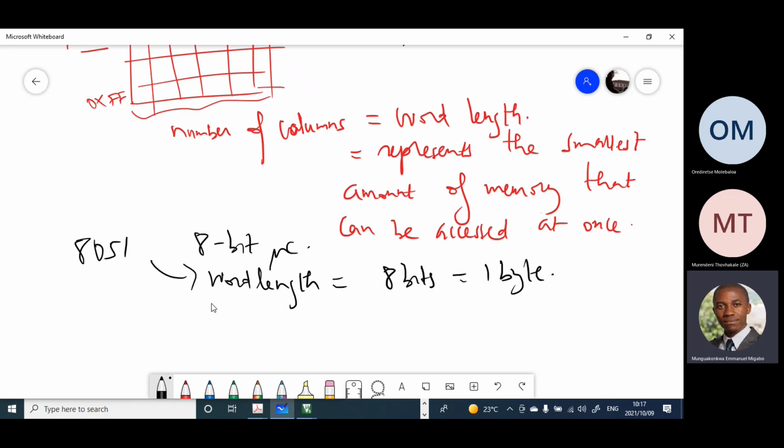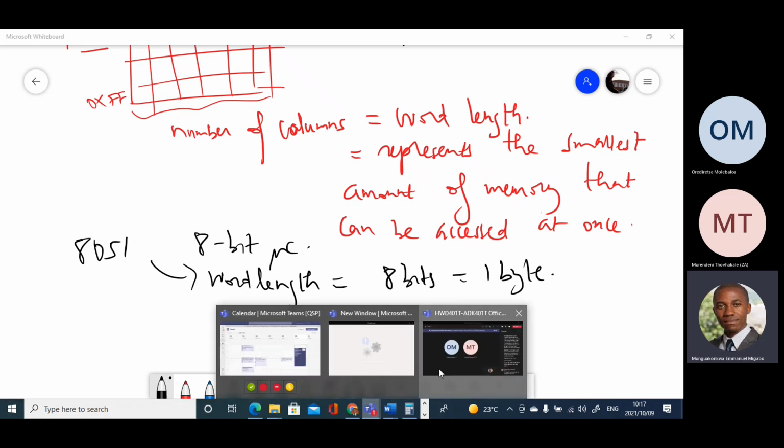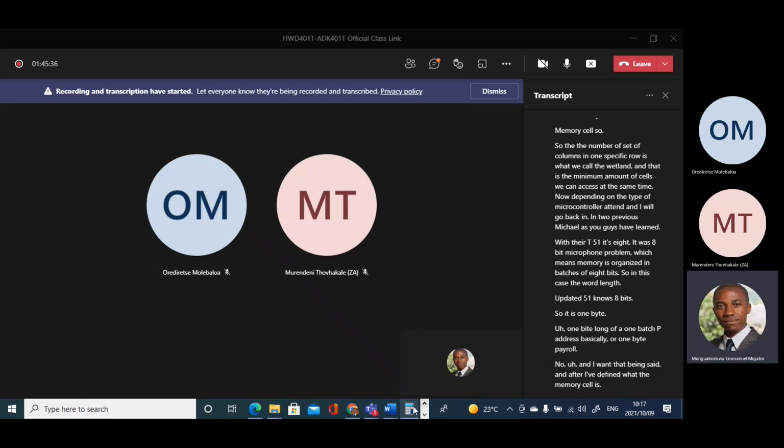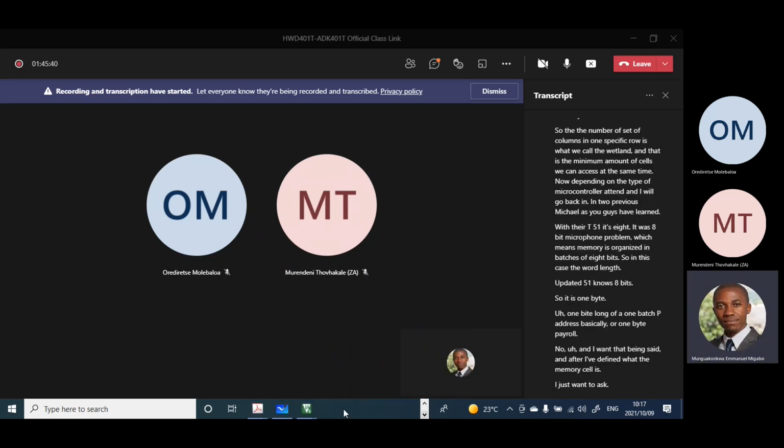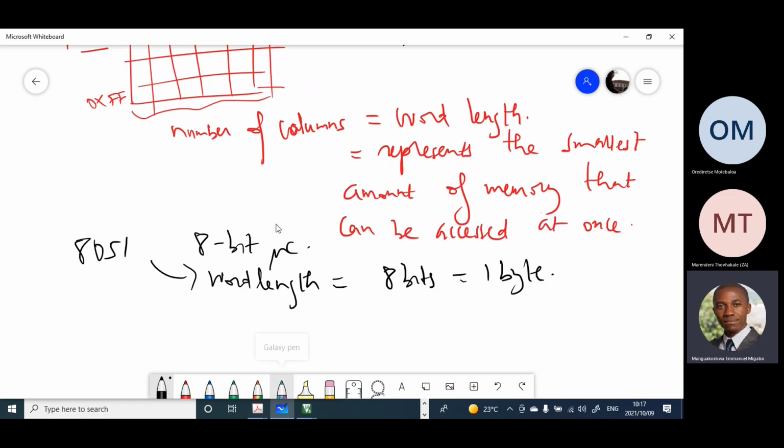Now that I've defined what the memory cell is, I just want to ask, Oredite, what would you say is the size of one memory cell on the 8051 you've learned, based on the explanation I just provided?